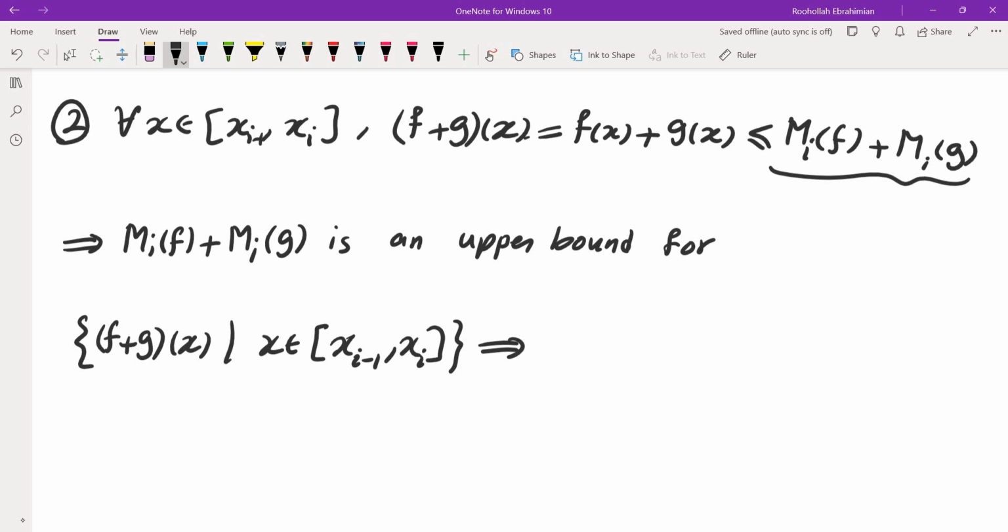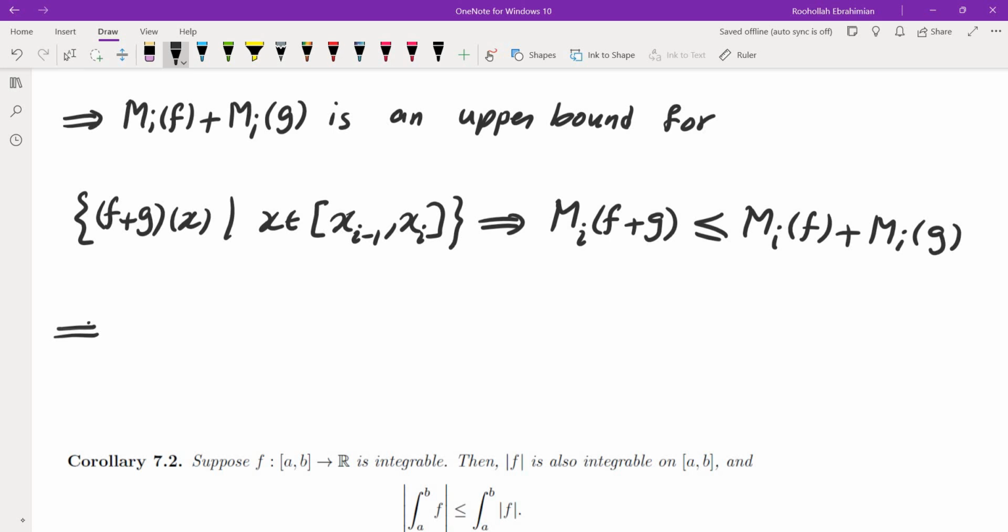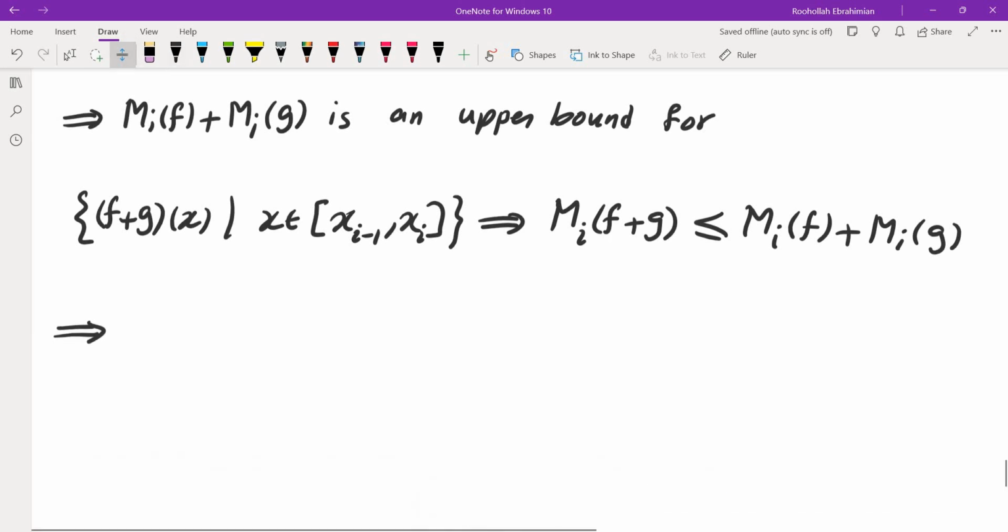So the supremum of this set is capital Mi of f plus g. So that's less than or equal to Mi of f plus Mi of g. Okay, so we're almost there. Multiply both sides by xi minus xi minus 1 and then add them up.